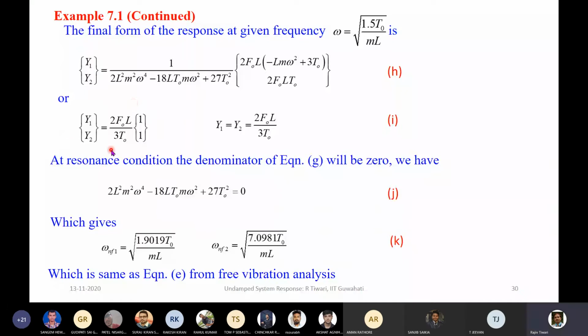Now if you see what is happening at this omega, both Y1 and Y2 have the same displacement. This is a very specific case, because they have different masses, so we generally expect them to have different displacements, but for this specific frequency, they turn out to be the same. Y1 and Y2 have the same amplitude, which is given by this.